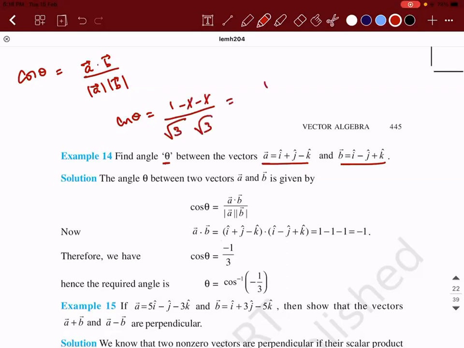This and this will get cancelled, so minus 1 divided by 3. So theta will be equal to cos inverse of minus 1 by 3.